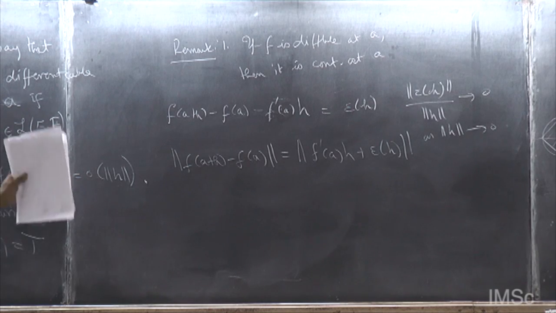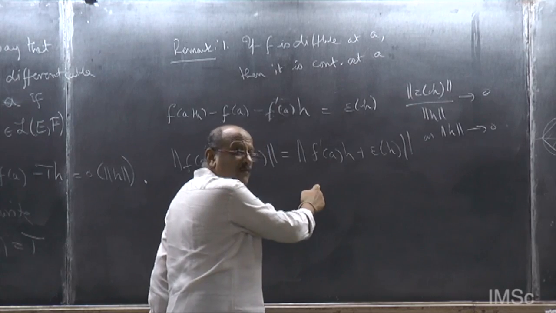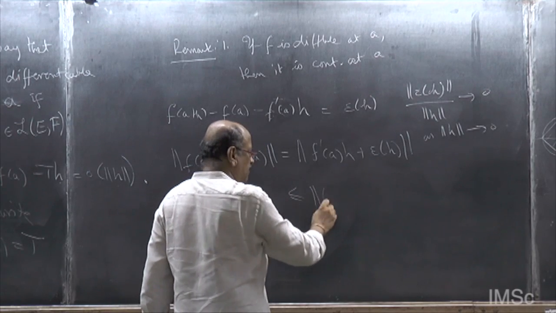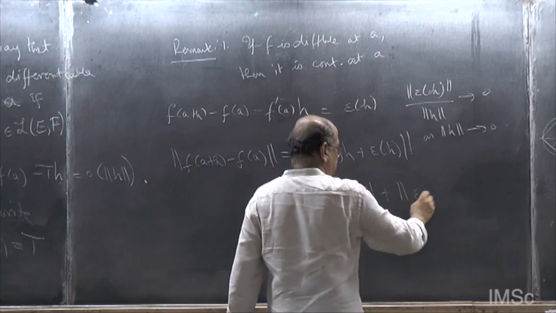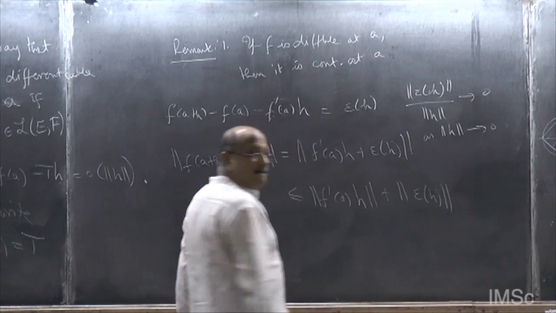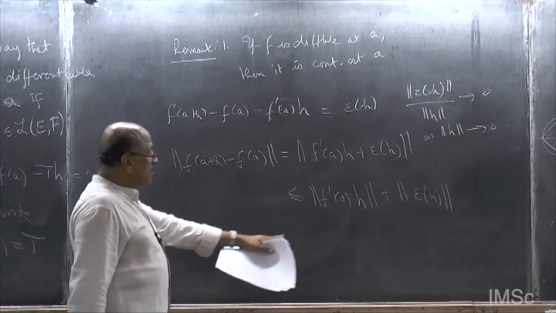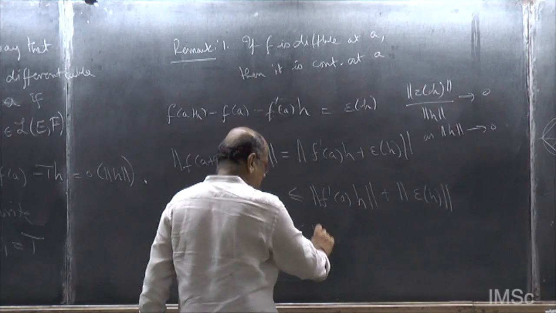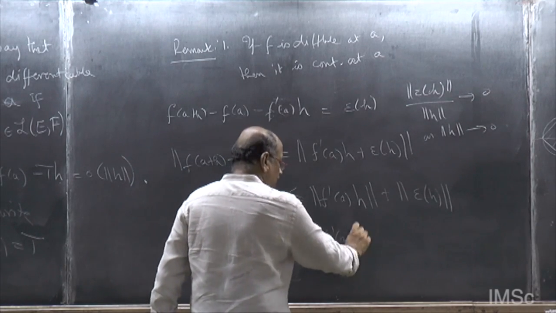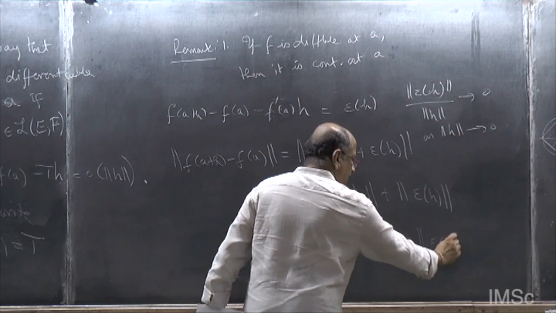I am just taking one term to the other side. Now, apply the triangle inequality, you have a sum of two quantities. So, this is less than or equal to norm f'(A)h + norm epsilon(h). And I told you a fundamental inequality about bounded linear transformations is that this can be bounded by norm f'(A) times norm h plus norm of epsilon(h).